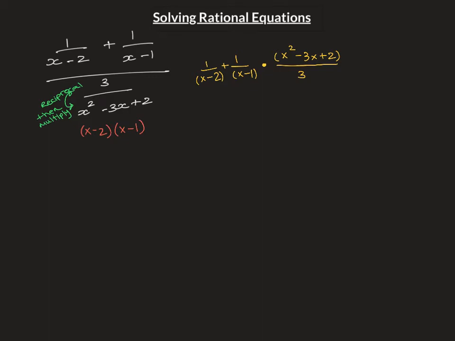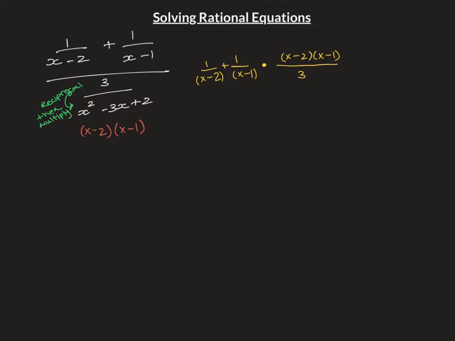Now remember, we won't write this x squared minus 3x plus 2. Instead, what we can do is write our factors, x minus 2 and x minus 1. This makes it a lot easier when you're solving.